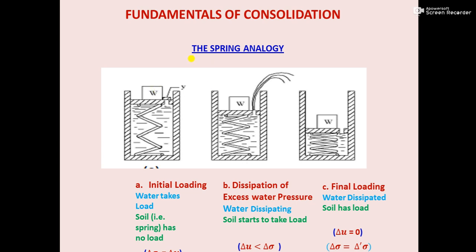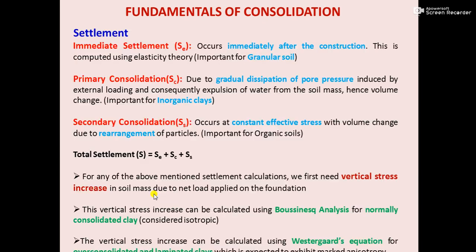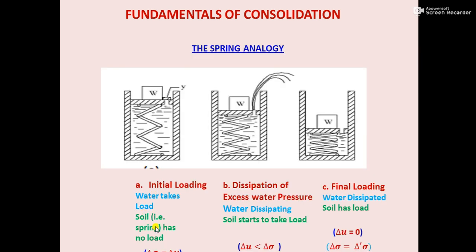So initially when you put this weight on, if the water is not allowed to move away anywhere, then the full load of W will be taken up by the water. The water will take the full load, and the soil, which is modeled by the spring, will not have any load.